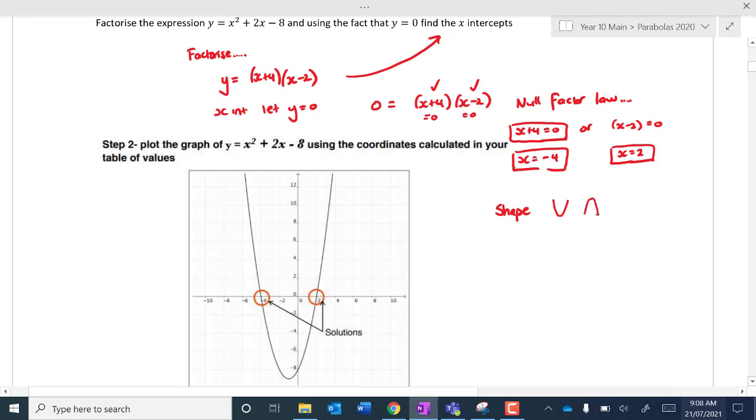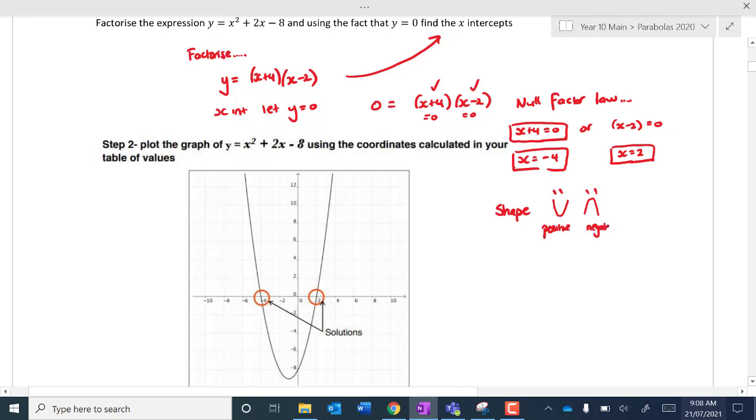It could be wider or narrower, and quite a few things affect that, but basically we've got the general shape. Let's just assume for now that we're just looking at our happy parabola or our sad parabola, positive or negative.